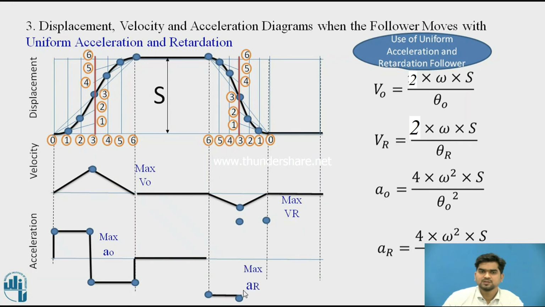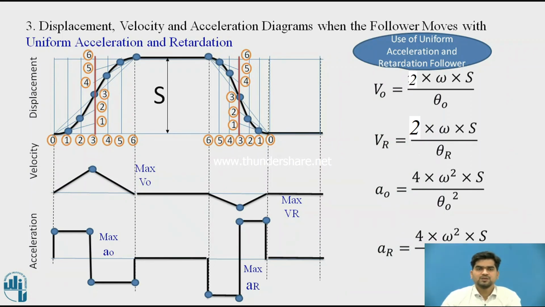Mark the point. So we have to draw the diagram like that. For the return dwell period, the acceleration is 0. Draw this line. So this will give you the acceleration diagram.